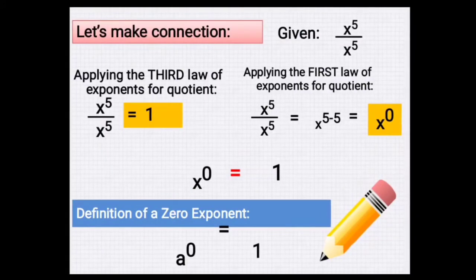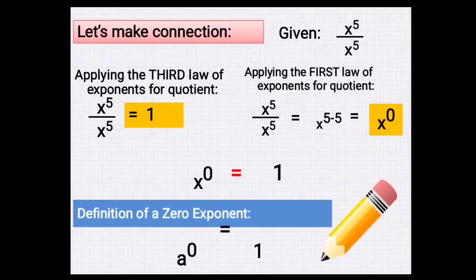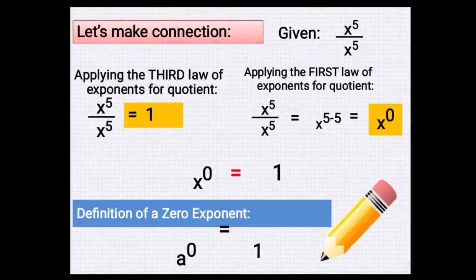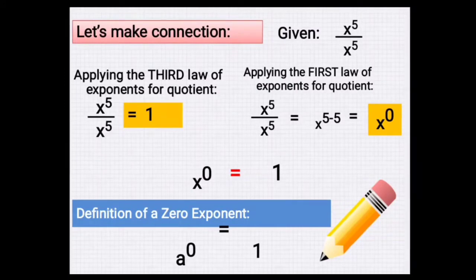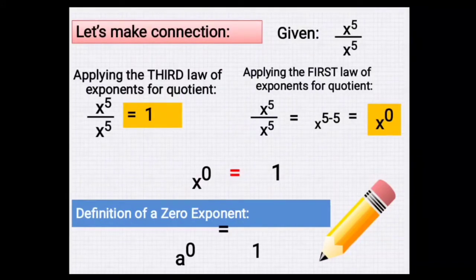The exponent is 0, so automatically the answer is equal to 1. If you input into your calculator any number with 0 as exponent, the answer is equal to 1. So 2020 raised to 0 is equal to 1. Any number, any variable raised to 0, is automatically equal to 1.